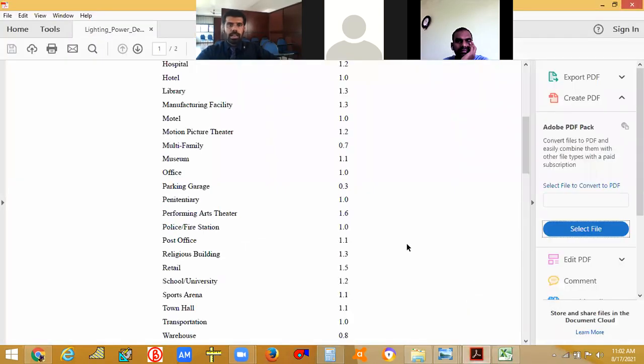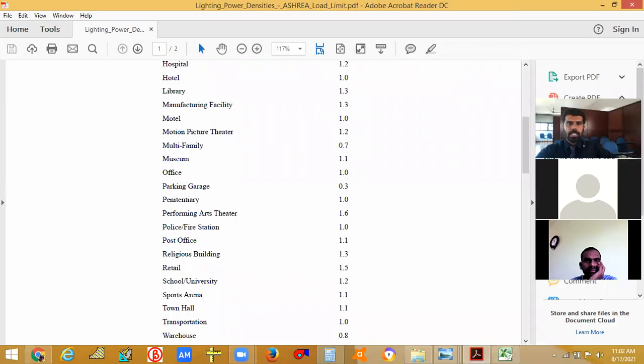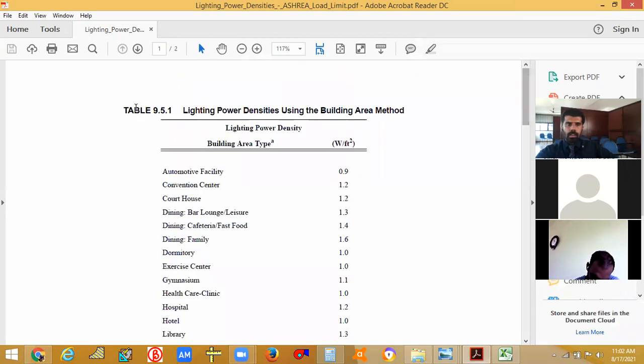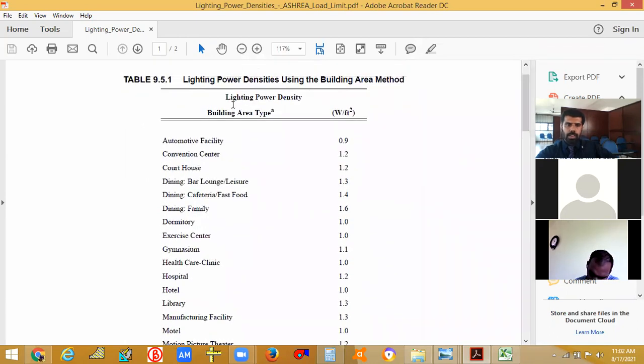So we can see here, this is the ASHRAE light power density sheet. Table 9.5.1, light power density using the building area method. It shows different types of building, and its watts per feet square is given.